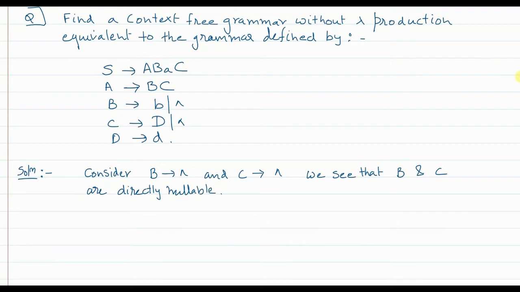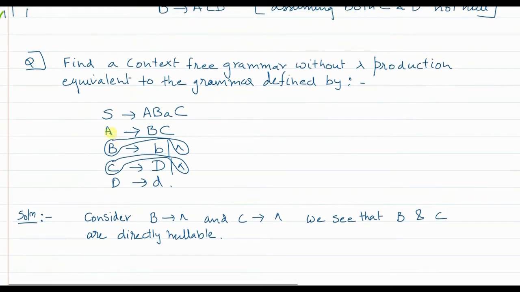Since B gives null and C also gives null, therefore I can say B and C are directly nullable. Now you see the production D gives small d. There is no way the right hand side can be null, so D is not nullable.